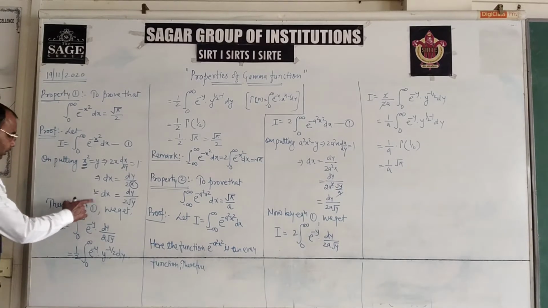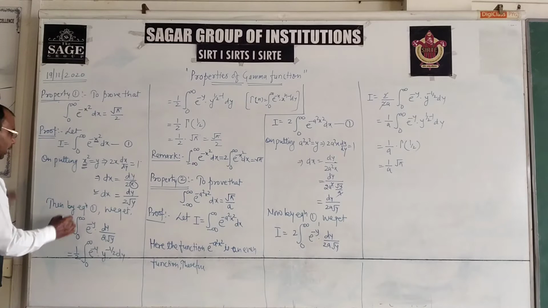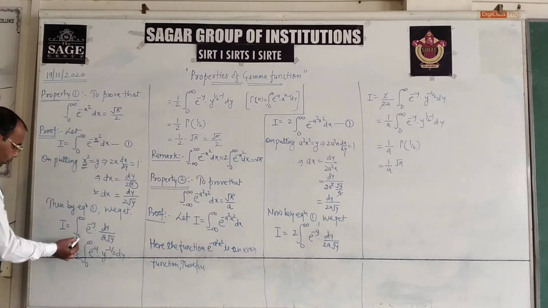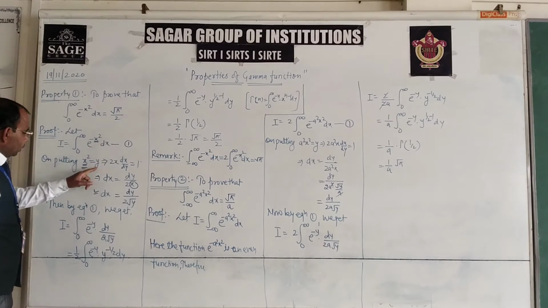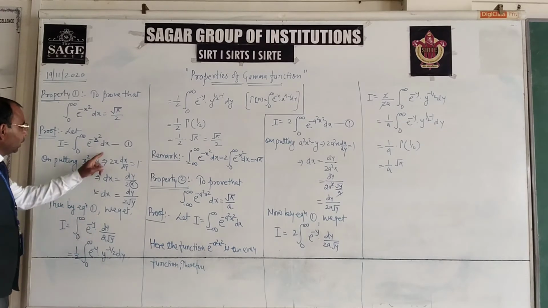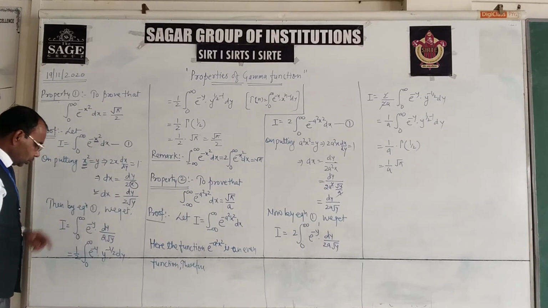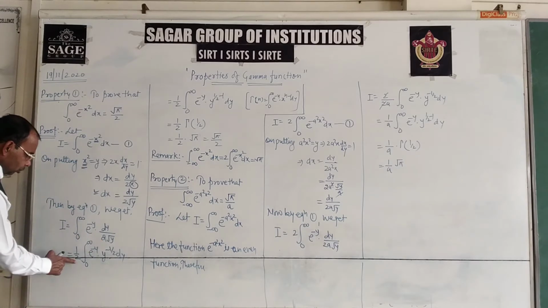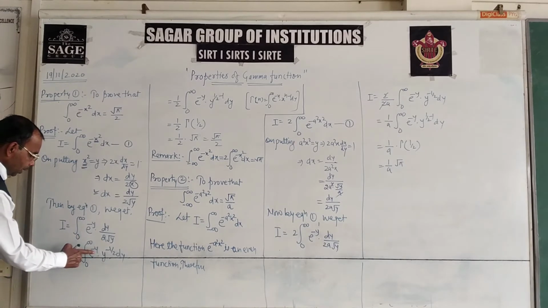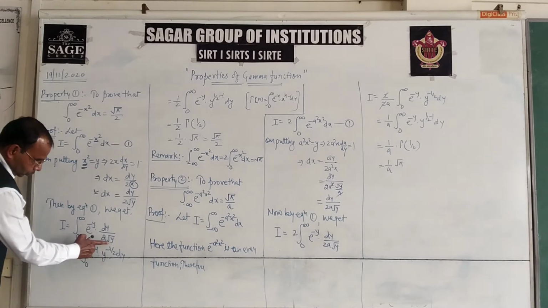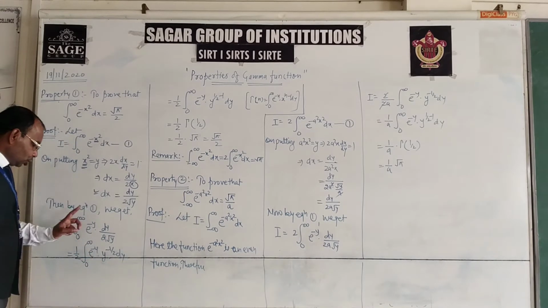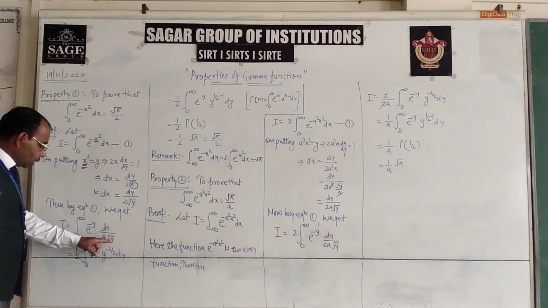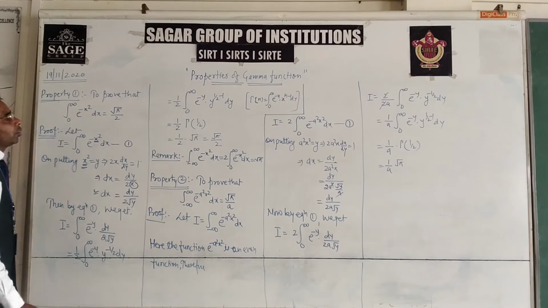Then by equation 1, we get I equal to the integral from 0 to infinity of e to the power minus y, since x square means y, and dx equals dy upon 2 root y. The 1 upon 2 is a constant, so the integral from 0 to infinity of e to the power minus y with under root y in the denominator; we change it into the numerator. Therefore, y to the power minus 1 by 2, upon 2.